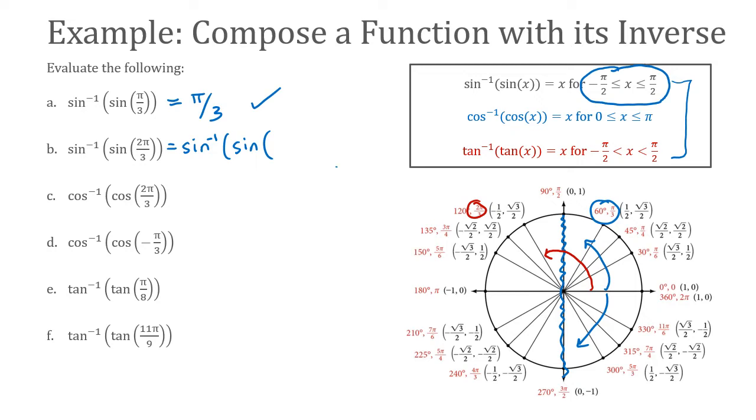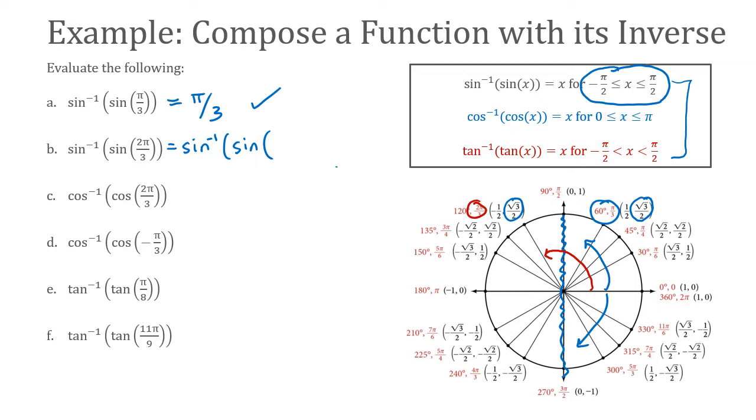That was a mouthful. Let's just look at that again. We want to replace 2 pi over 3 with an angle measure that is within the boundary and has the same sine. Well, what is the sine of 2 pi over 3? It's the square root of 3 over 2. We see that same square root of 3 over 2 value in the first quadrant when we're at pi over 3.